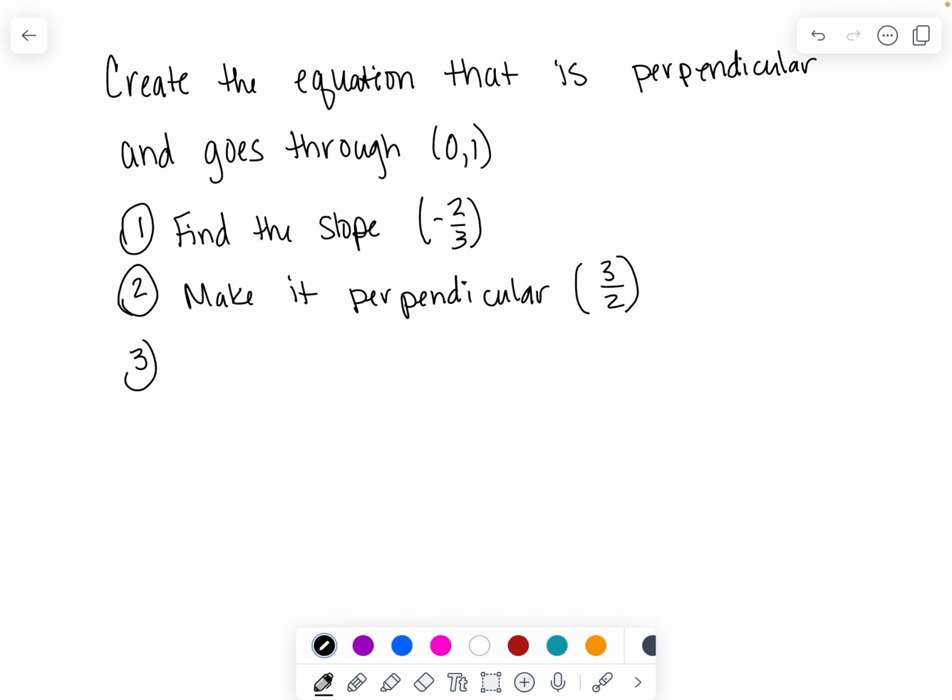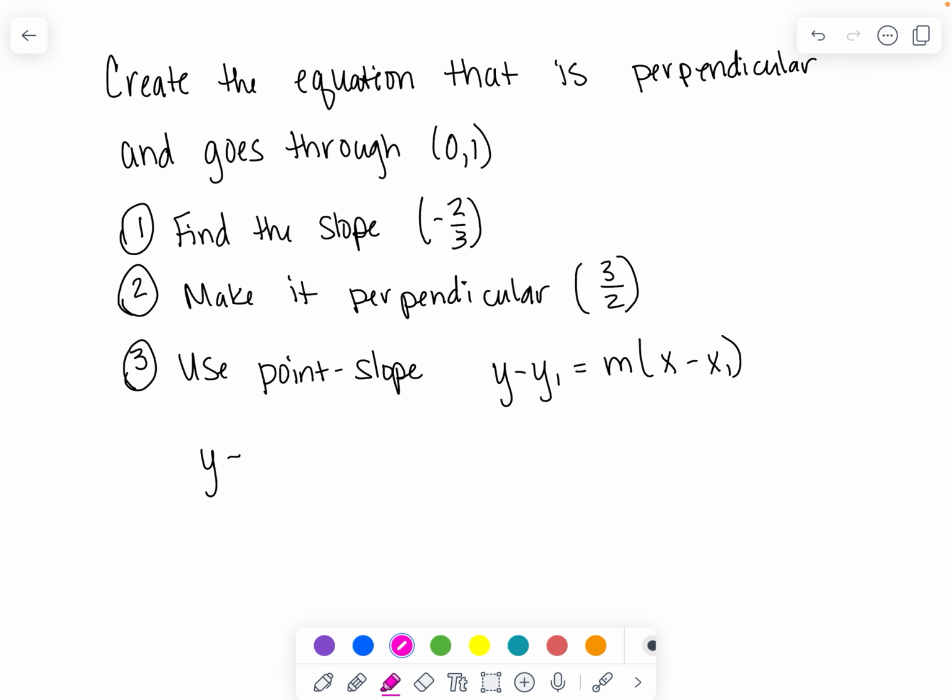And then we're going to use point slope, which is y minus y1 equals m times x minus x1. So we can use this to find the equation of that line we just drew up there, okay? So that's what we're going to do. We're going to say y minus, and we have these points.